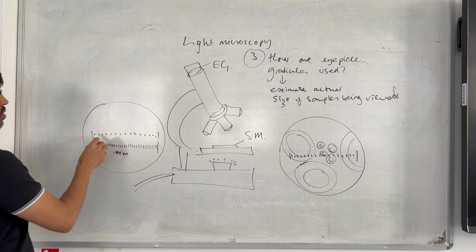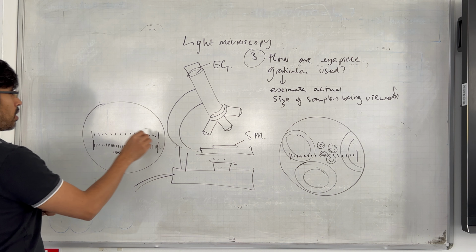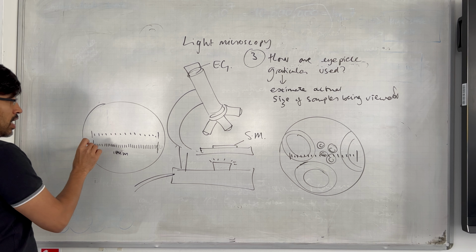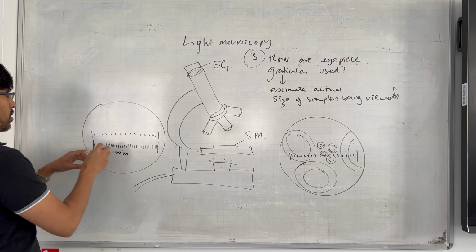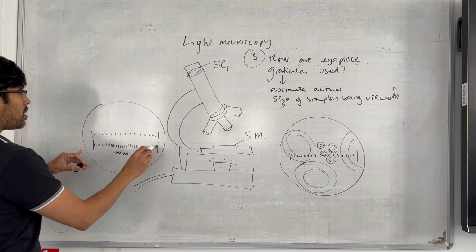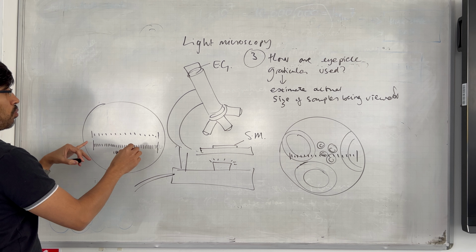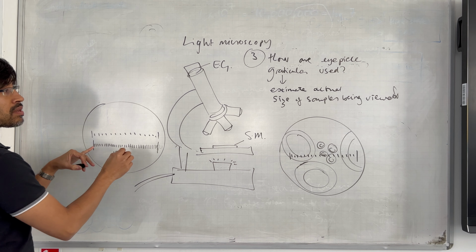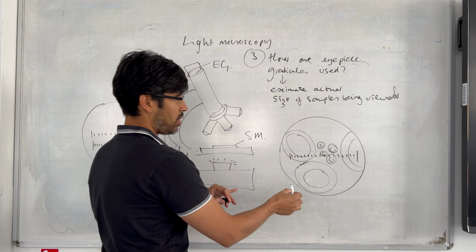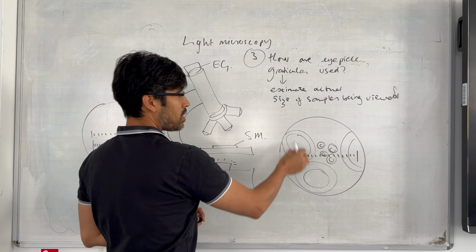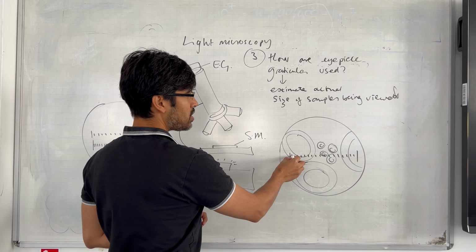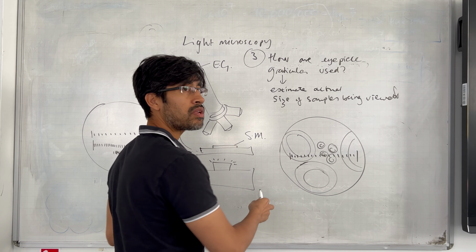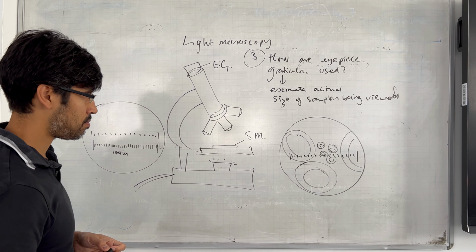So what I can say is, there's 100 divisions here, and each of these is 0.01 millimeter. So if each of these is 0.01 millimeter, if this lines up, then one division is equal to 0.01 millimeters. So when I then look at my xylem vessel, I can estimate how big that xylem vessel is, because I know now that one division on the eyepiece graticule is equivalent to 0.01 millimeters.